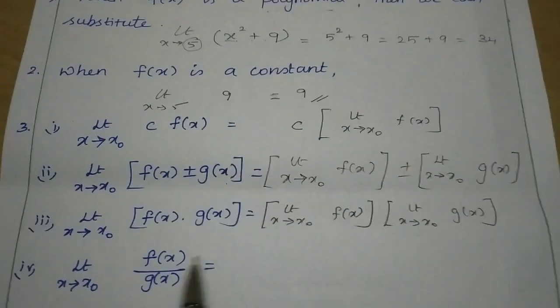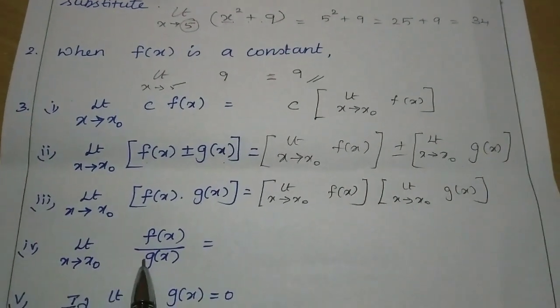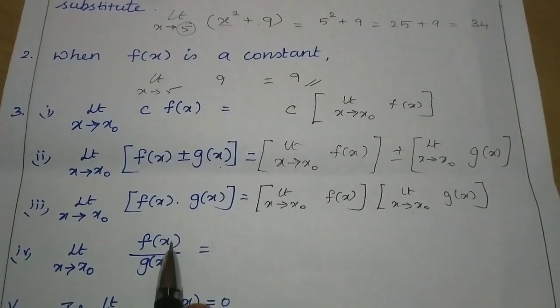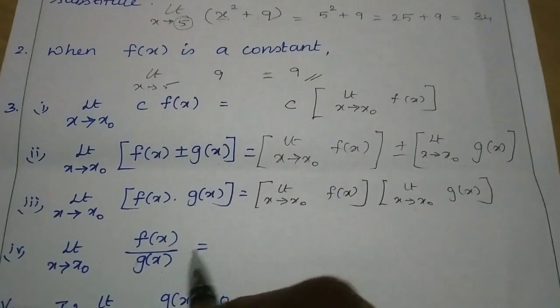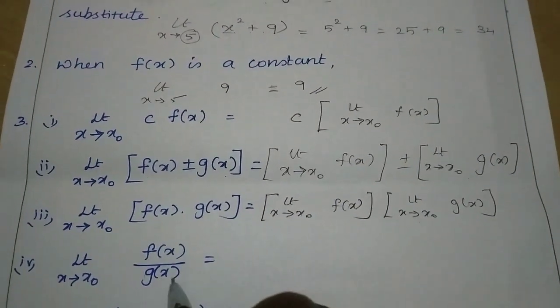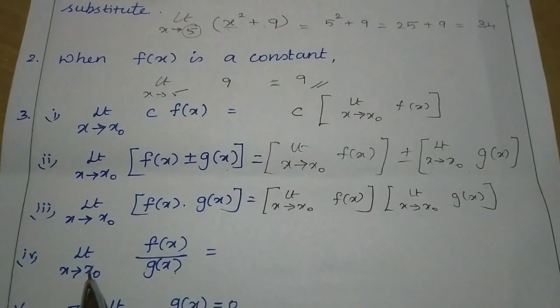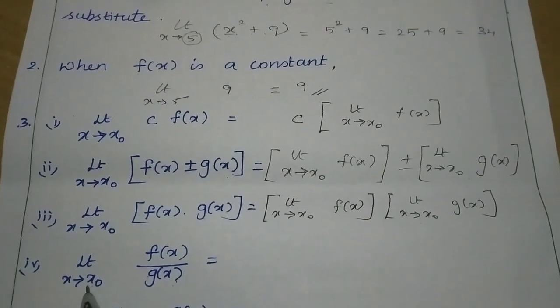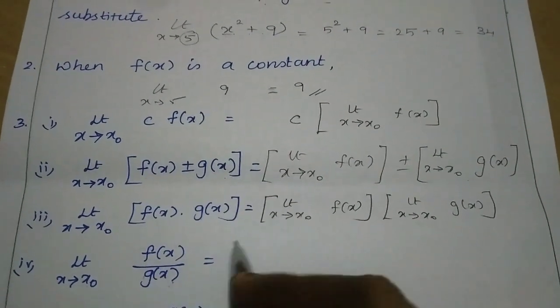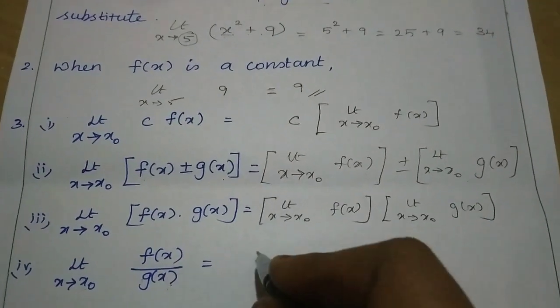The same way you can proceed for the quotient also. Quotient means rational form. Now if a quotient is in rational form, p by q form, you can apply the limit value to each of them, that is, for the numerator and denominator.